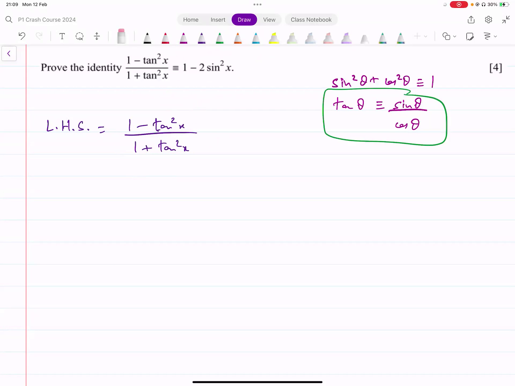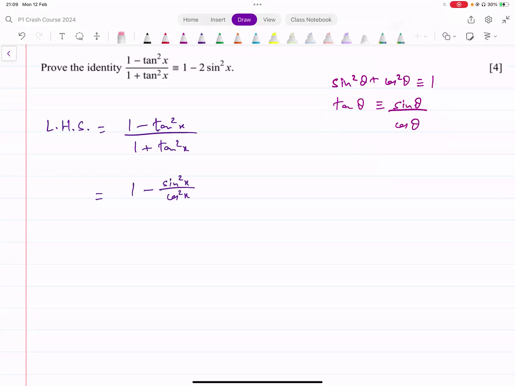So we can start like this: let's convert tan to sine over cos. That's one starting point that we can have here. Let's change tan to sine over cos. Okay, so it's tan square, so it's going to become sine squared over cos squared. So you get sine squared x over cos squared x like this.